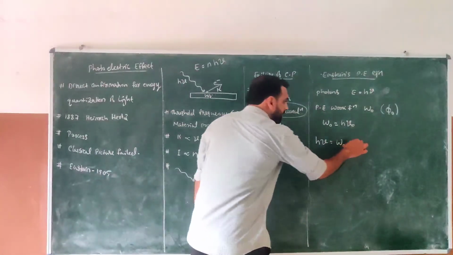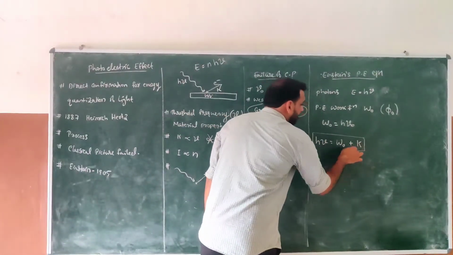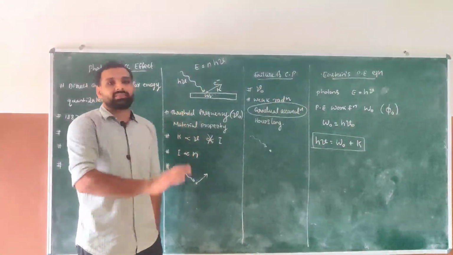According to the law of conservation of energy, this is called Einstein's photoelectric equation. It is a simple explanation.